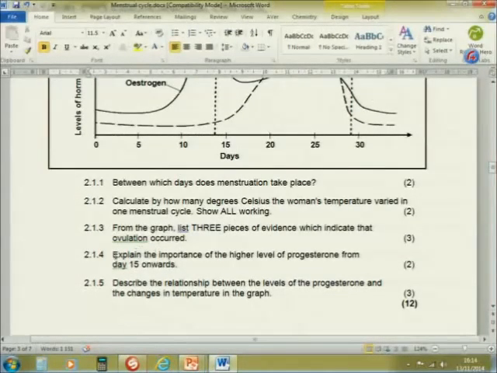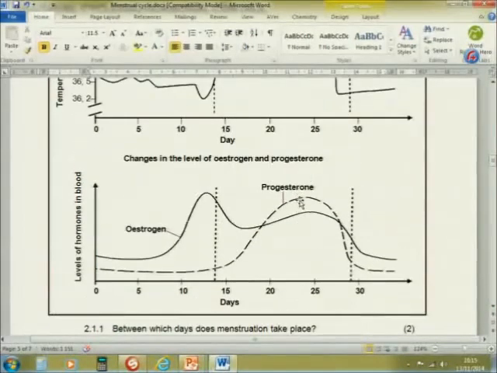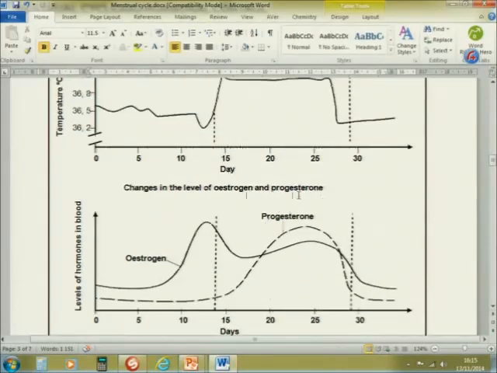Right. The 4th question says, explain the importance of high level of progesterone from day 15 onwards. High level of progesterone, the first one, inhibits the production of FSH.